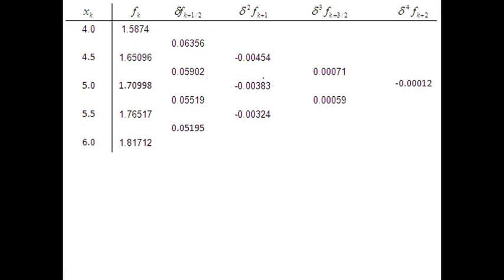So how about this one? How did we arrive at negative 0.00000383? This is delta squared f sub k plus 1. What's the formula for delta squared f sub k plus 1?